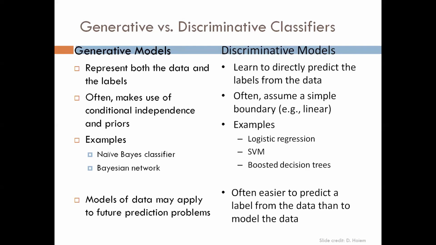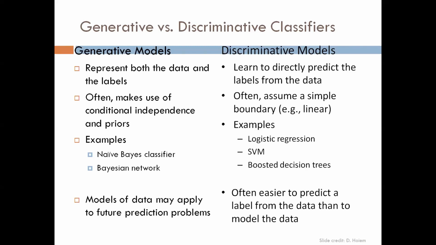They represent both the data and the labels. Already I discussed so far generative models. They often make use of conditional labels like Bayesian probability, like Bayesian learning networks. If you have learned Bayes, you will know you have to update your belief, Bayesian belief, based on probability. Suppose the floor is wet. In this case, you will try to investigate why the floor is wet. So you have seen that there was leakage in the toilets, so that's why water is there. So you will say, oh, with 100% probability, I can say that this is due to the leakage.